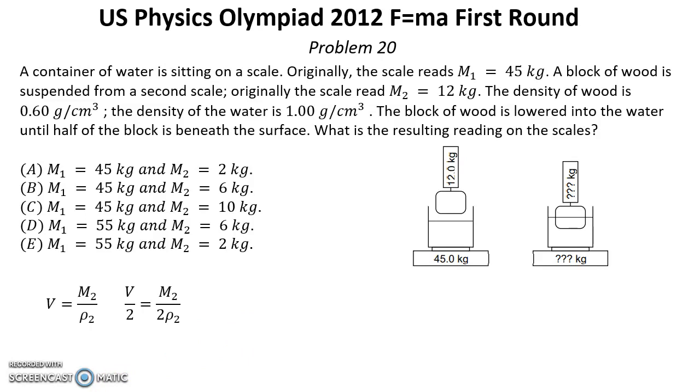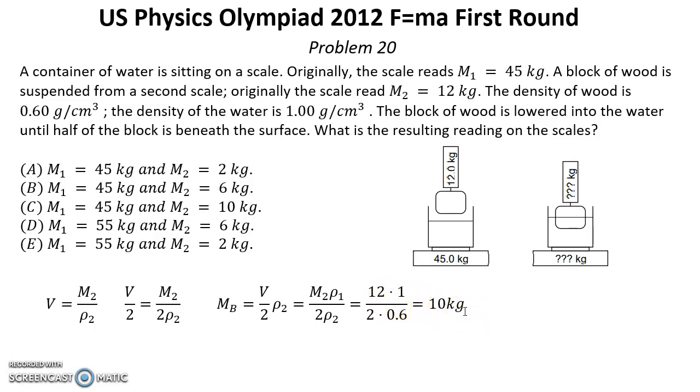Let's do this. The volume of this wooden block equals the mass of this block divided by the density of wood. Next, half of this volume equals this expression. And next, the buoyancy force, or buoyancy mass, equals this expression. After putting in numbers, we will get 10 kilograms.